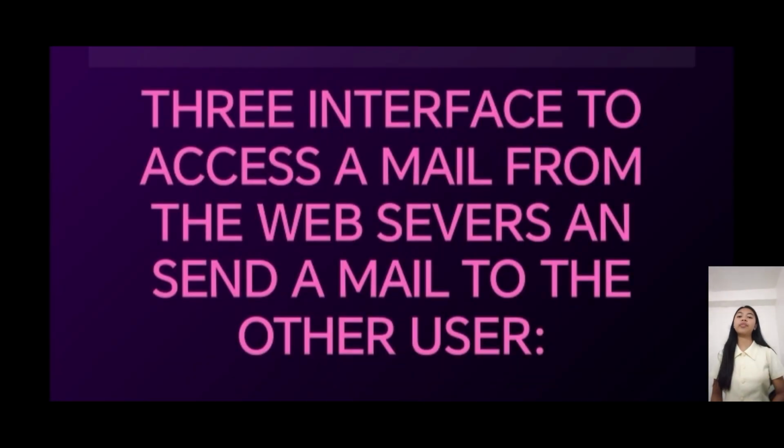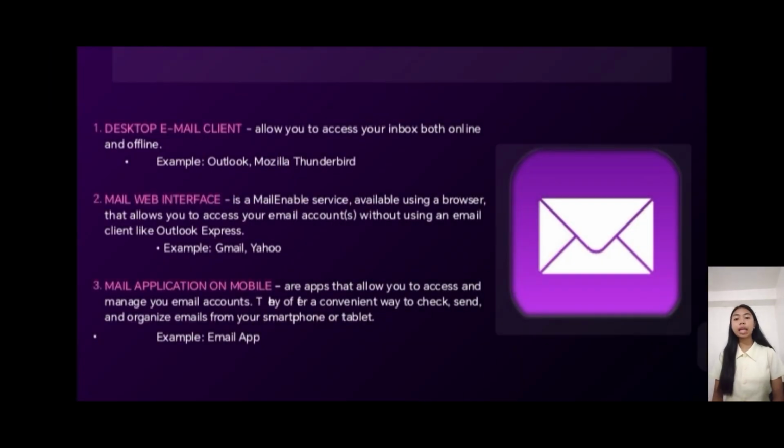There are three interfaces to access mail from the web servers and send mail to other users. First is the desktop email client. It allows you to access your inbox both online and offline. It is a system or application that provides access to your email messages regardless of your internet connection status.